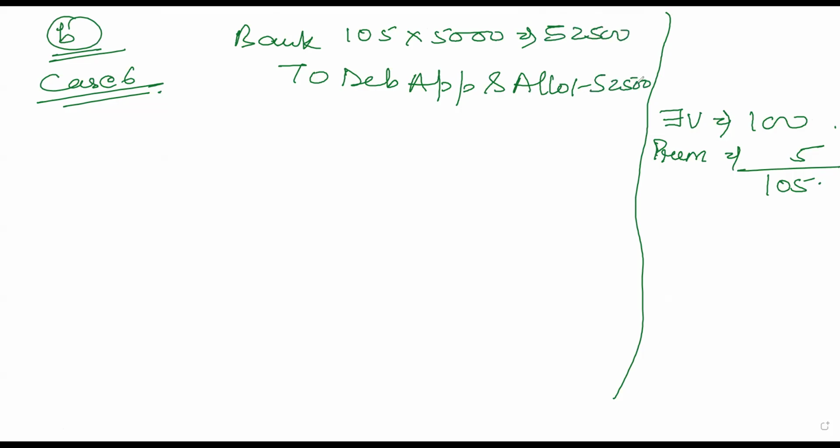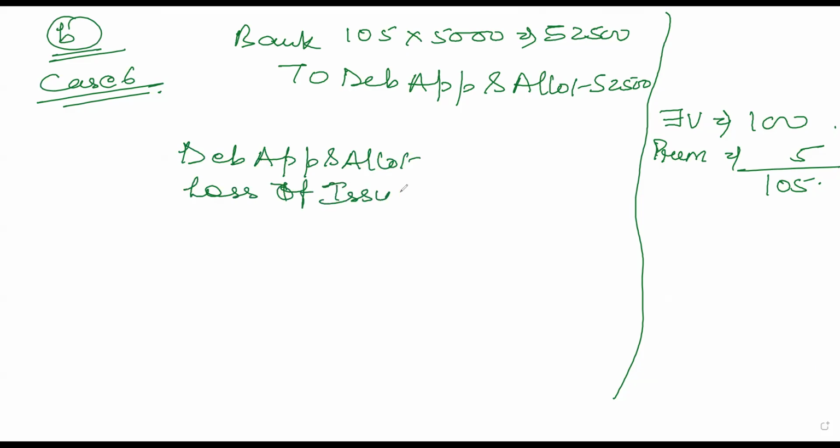Clear? And after that, it is redeemable at premium. So what is the entry? As I already mentioned, the entry will be debentures application and allotment account debit, then loss on issue of debentures account debit, because we are issuing debentures at a premium and they are redeemable at a premium.